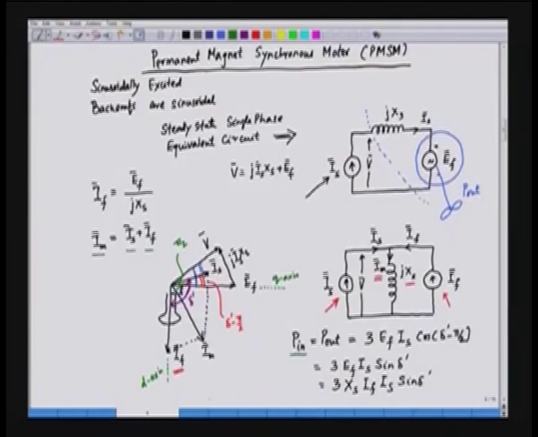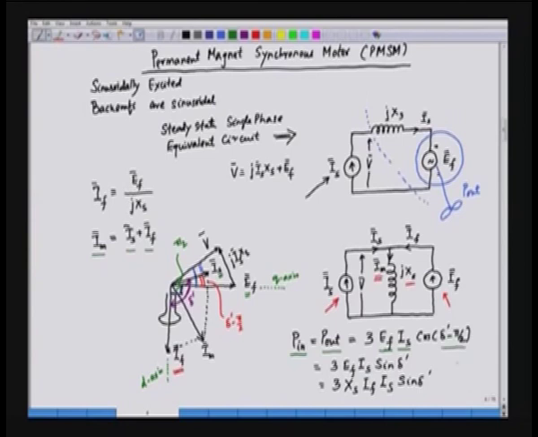The power input is the same as the power output, and that is equal to EF, the field induced EMF, times the stator current Is, times the angle between EF and Is, that is delta prime minus pi by 2.